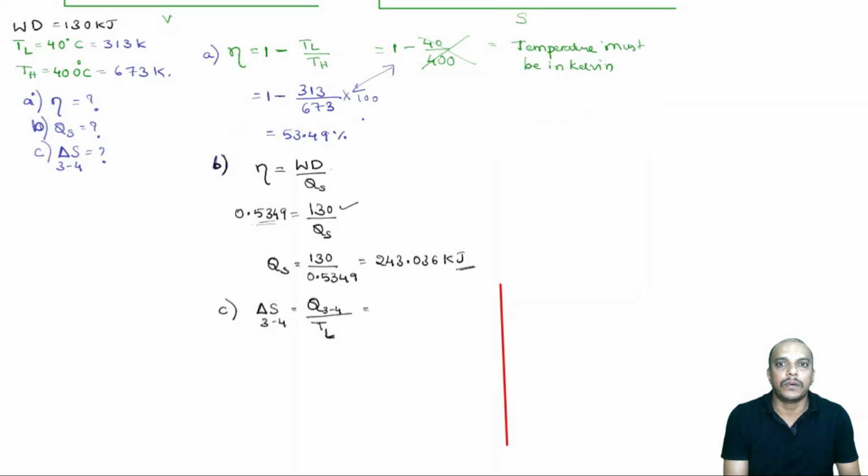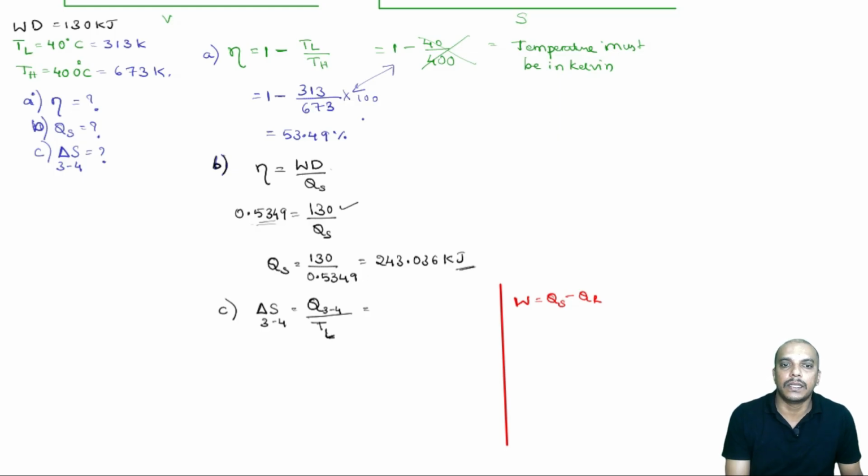Since we have W, we can use the same logic, that W is equal to heat supplied minus heat rejected. Okay, already I am using a negative sign, so everything we get will be positive.